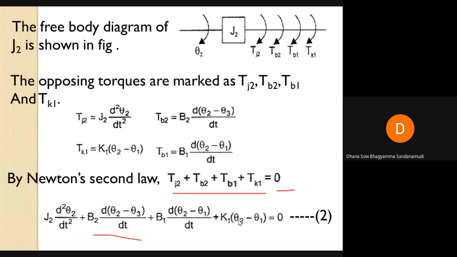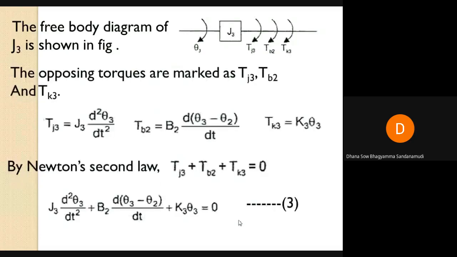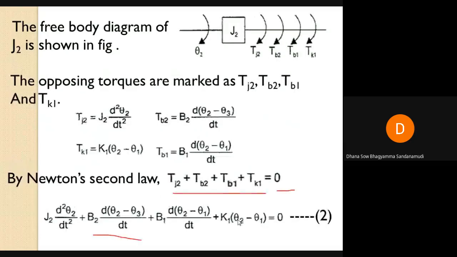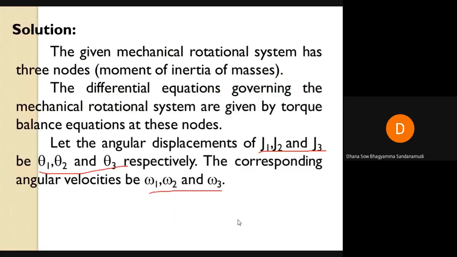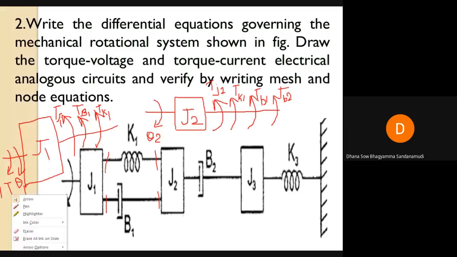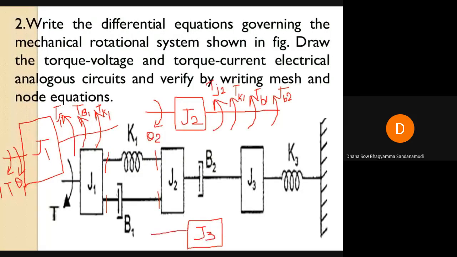Now let's go for node 3, the free body diagram of the given mechanical rotational system at node 3. Let me see where I can draw. I will draw here. I hope this is visible to you. This is J3. Here the applied torque is no applied torque, and the angular displacement I will assume as theta 3.